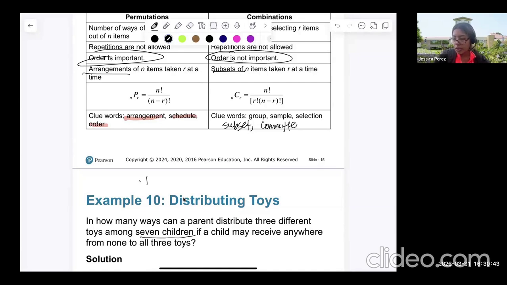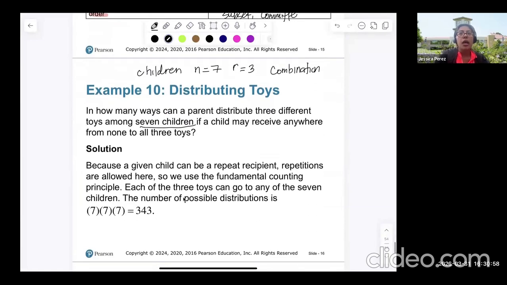So when you're dealing with the children, the total number of children n would be 7. You're selecting 3 toys to give. So this time you're doing a combination, a subset among some kids. And then because a child can repeat, here you have to look at repetition.